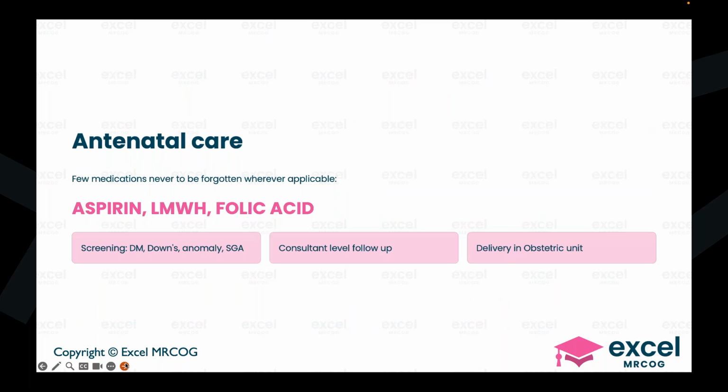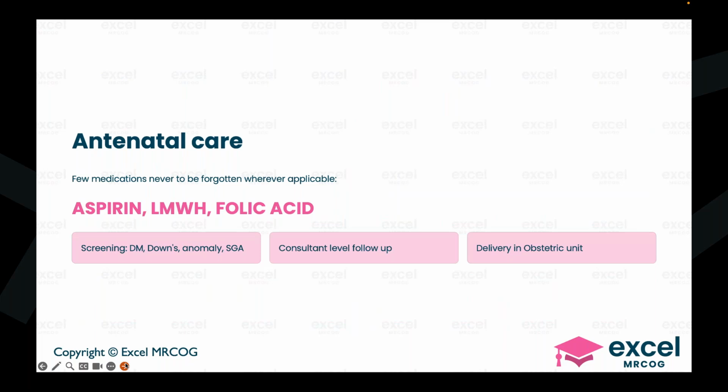Like if you forget aspirin in a case where there is previous preeclampsia, you forget aspirin in chronic hypertension, you forget aspirin in APLA, that's going to be a blunder. You forget low molecular weight heparin in cases where there are risk factors for thrombosis, that's a blunder. So for any antenatal patient that you have, think of these three drugs, whether they are applicable. And maybe folic acid and vitamin D can also be included in this.